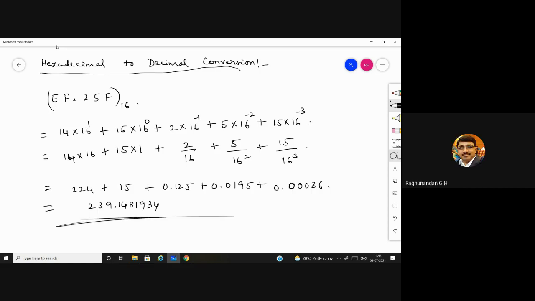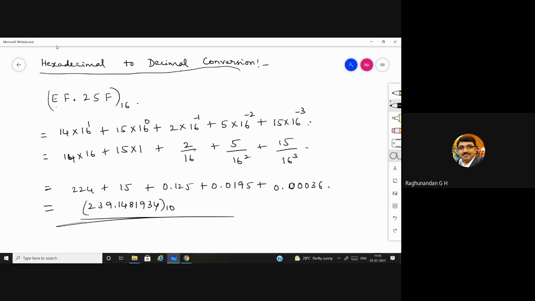Okay, so to the base 10. This is the decimal equivalent of this hexadecimal number.